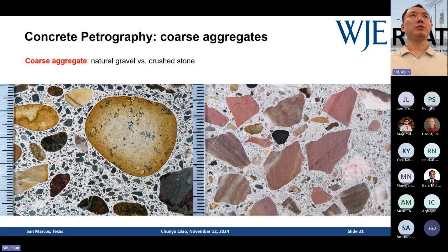You see a lot of round particles. Here on the left, that's a natural gravel. I think this concrete is from somewhere in Arizona. I forgot. The one on the left is actually a chert particle. On the right, you see that's very, very angular rock.